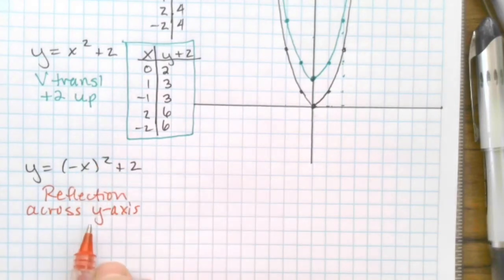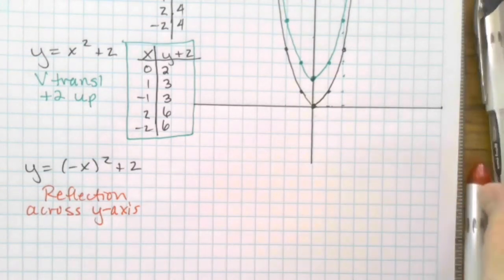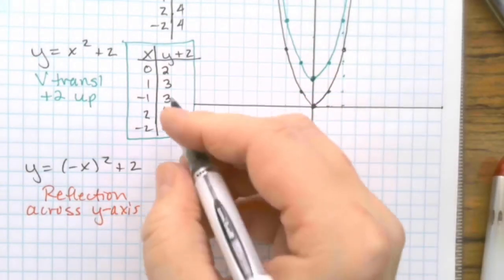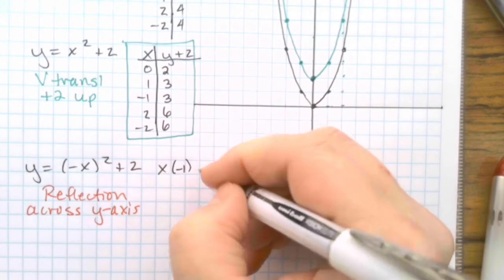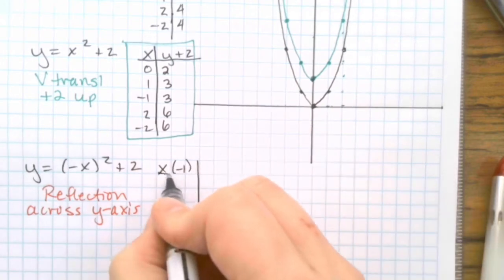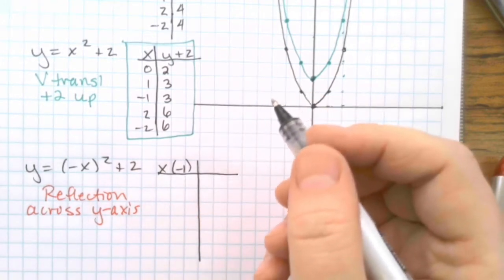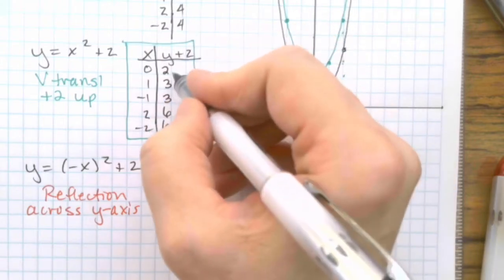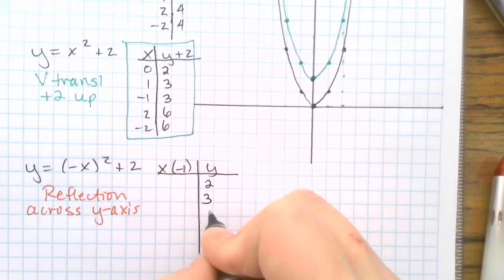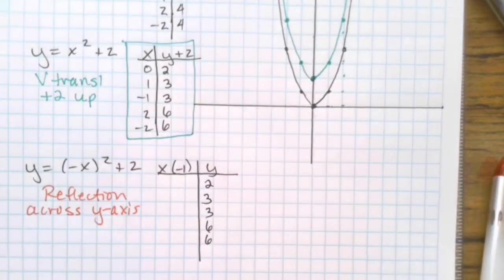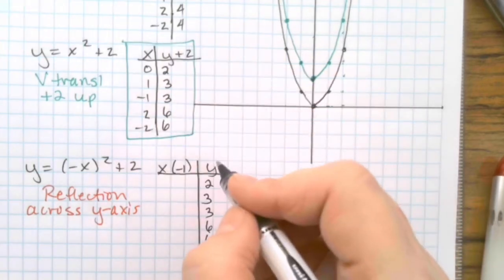Negative on the inside is across the y, negative on the outside is across the x. So that means that all of our x coordinates are going to be multiplied by a -1 because they are flipped over the y-axis. So my y's stay the same, 2, 3, 3, 6, 6. My x's get multiplied by a -1.